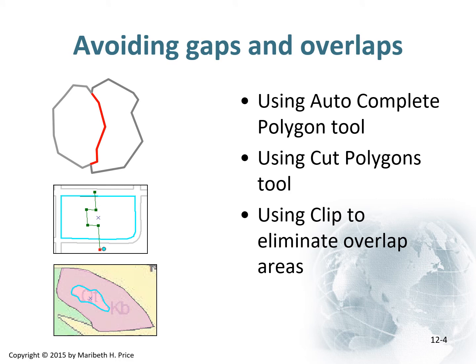So if you use the autocomplete, when you get close to where you're at the end, instead of clicking to make them go together, you simply tell it, hey, I'm done. It connects the last and the first point and closes up your polygon. Or you can take a polygon and cut it in half by starting outside, going to the inside, making whatever moves, and using the cut polygon tool, then makes two polygons.